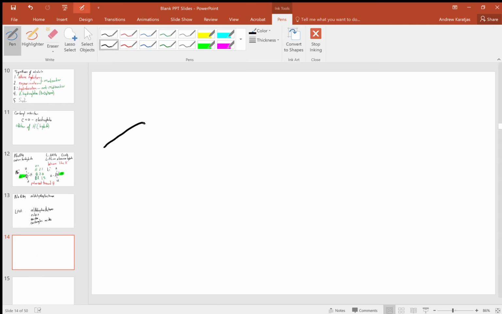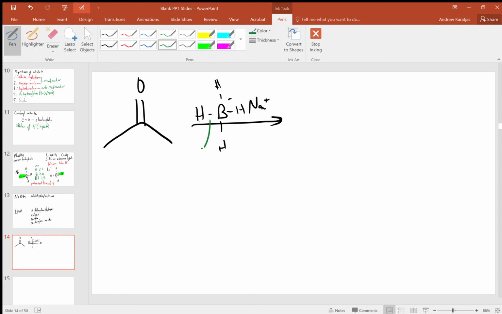But the basic reaction is we take an aldehyde or ketone, doesn't matter which one, and we add sodium borohydride to it, and then one of those hydrogens attacks the carbon of the carbonyl, and we push the electrons up onto the oxygen. Giving us an intermediate that looks largely like an alcohol, just missing its proton.